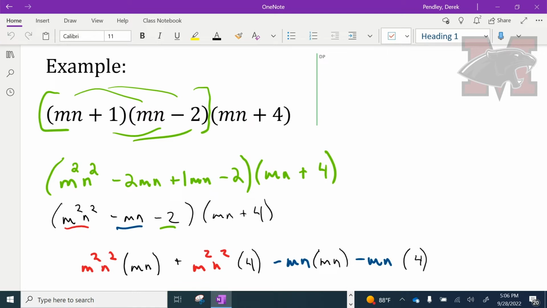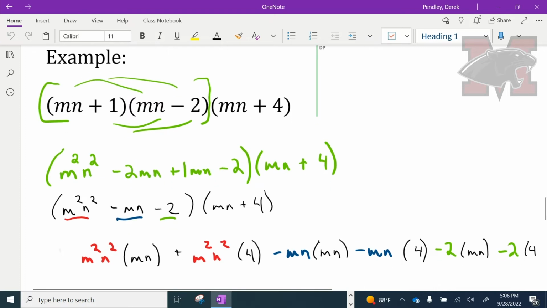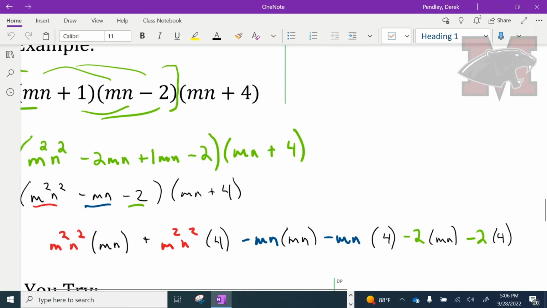I have a negative 2 multiplied by the mn. And then I have a negative 2 multiplied by the positive 4. So this isn't super complicated. It's just tedious. You got to take one term at a time.